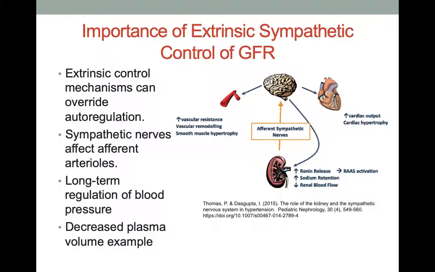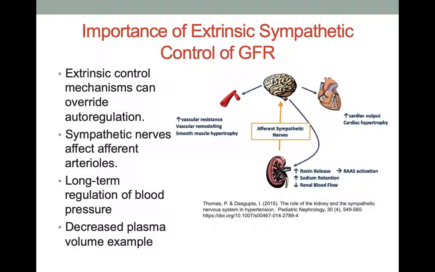This control of the GFR is mediated by the sympathetic nervous system, and they input to the afferent arterioles. Basically, we're trying to affect the long-term regulation of arterial blood pressure.